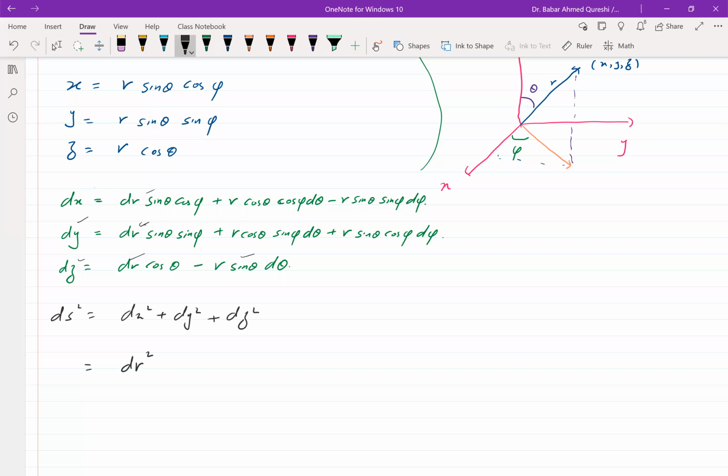So the thetas are again eaten up, but you are left with an r square. Now let's look at the d phi square terms. This time you have r square sine square theta, r square sine square theta, and the phis are eaten up because sine square phi and cos square phi give you 1. So you have r square sine square theta d phi square, but there's no d phi term in the dz. So that's all you are left with.